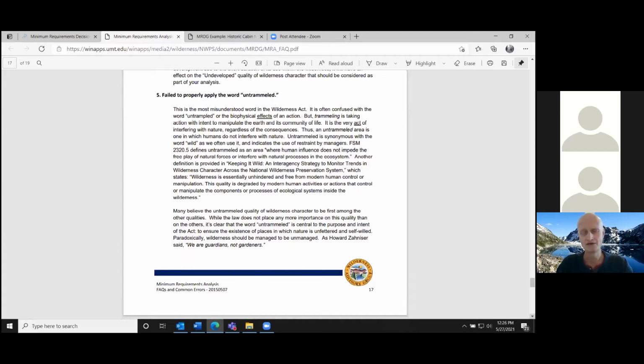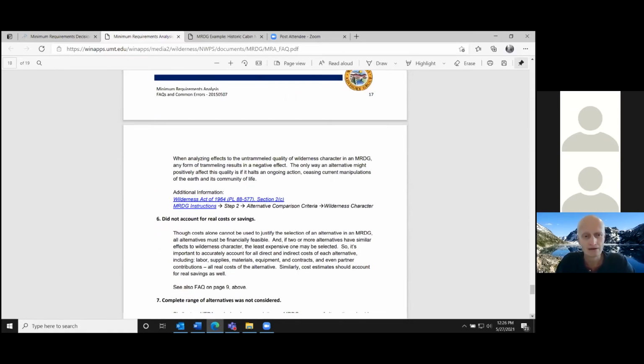And a lot of times you'll see people thinking any action within wilderness is a trammeling. And that's not always the case. A trammel is some intentional attempt to manipulate, is generally how I like to look at it. All right.